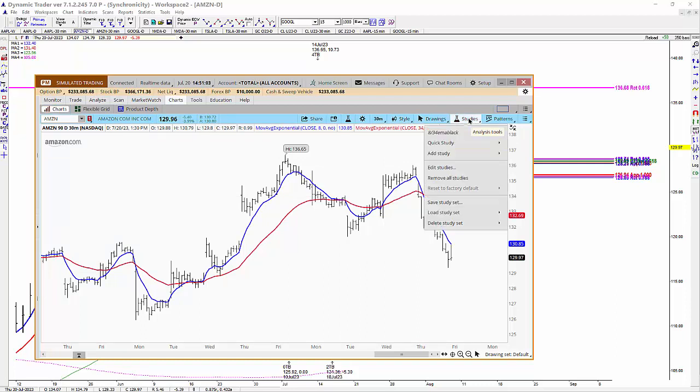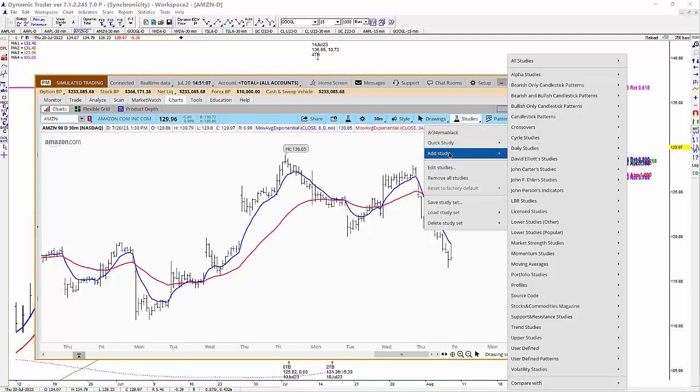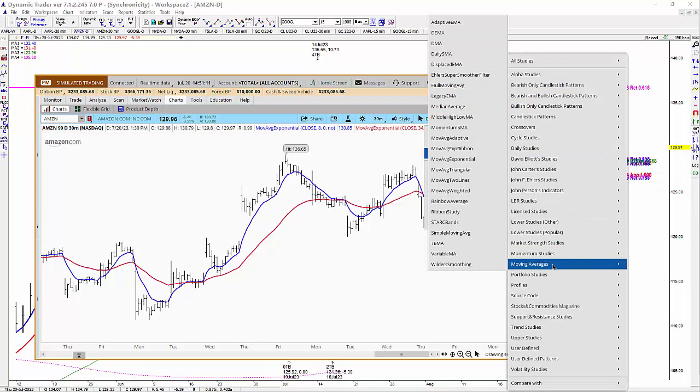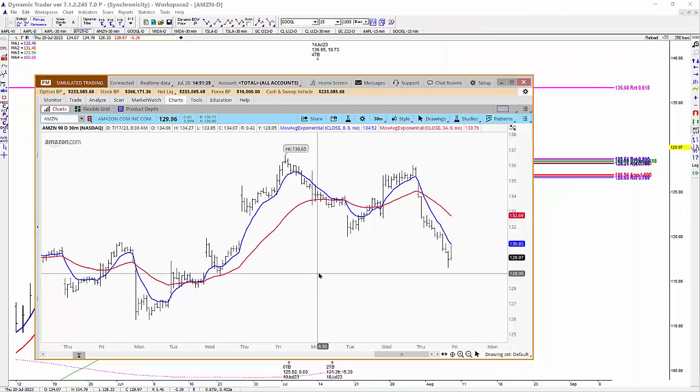Studies. Add study. Moving averages, and then you choose the moving average. I'm using exponential. Here it is, moving average exponential. So that's on Thinkorswim. It's going to be different for each platform that you use.